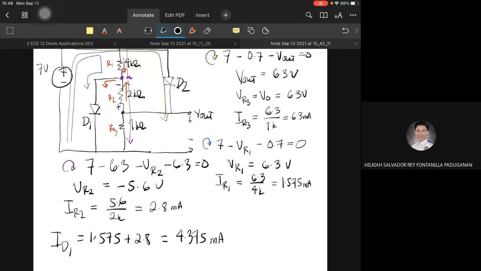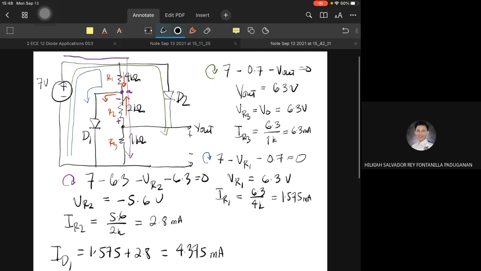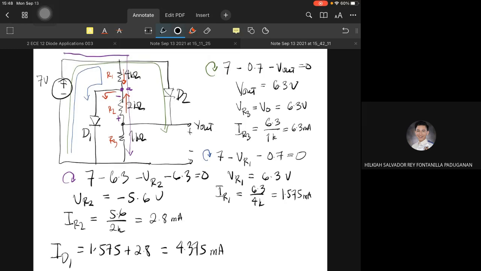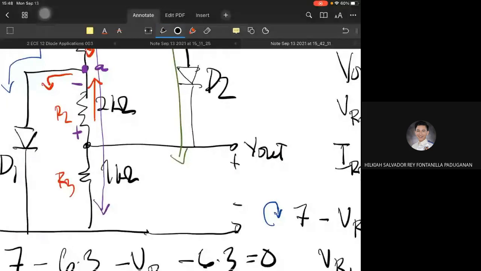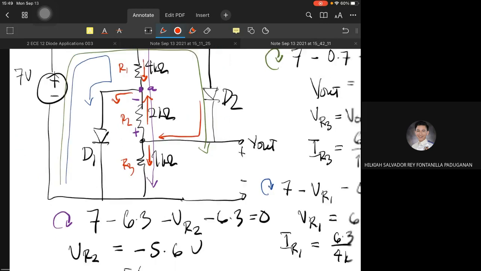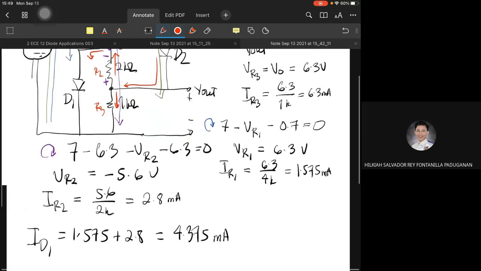Diode 2 is here. IR3 is going downward. So ID2 is the sum of IR2 and IR3.